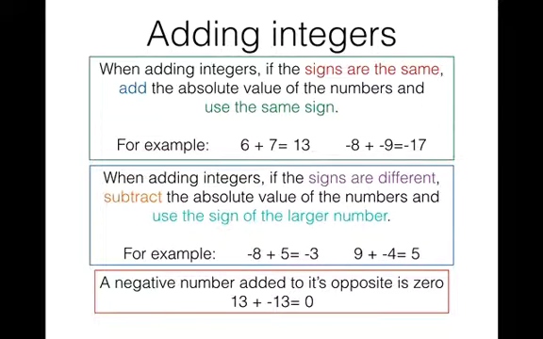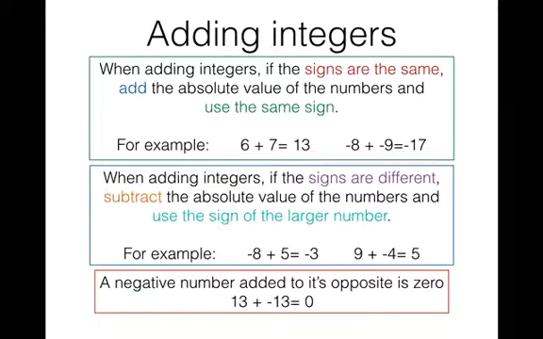And also -8 plus -9 would equal -17. So when the signs are the same, you add them and then use the sign of the numbers in the answer.